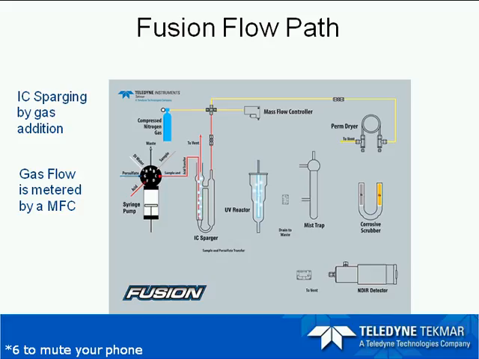Now, a nice feature with the fusion, as with the Phoenix 8000 and the Apollo, is that you can not only vent this IC carbon, which, as a review for some of you, is the dissolved CO2, bicarbonates and carbonates, to air, you can also send it to the detector and measure that as well. But here we're doing NPOC or TOC, so we're going to just vent that to air.